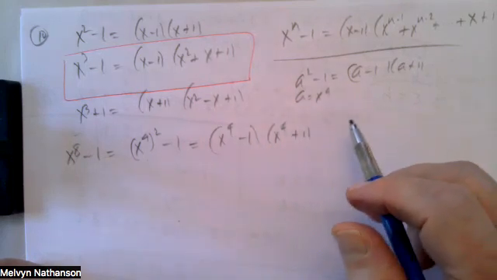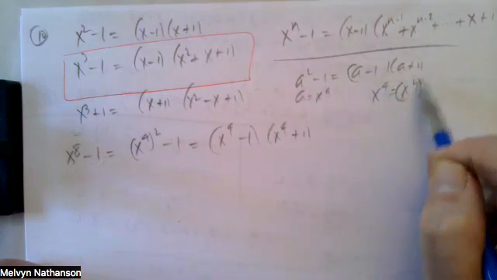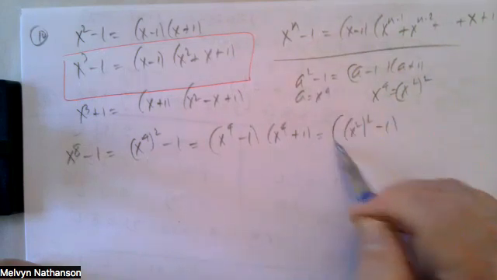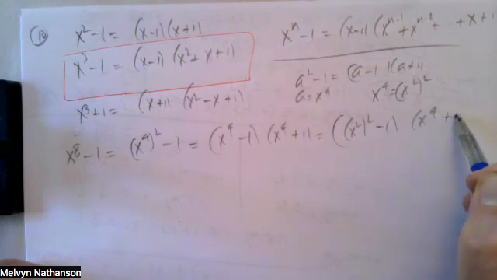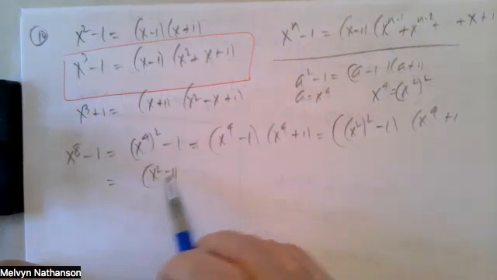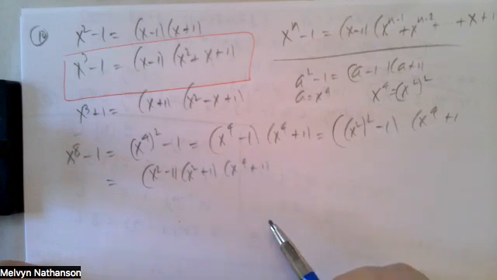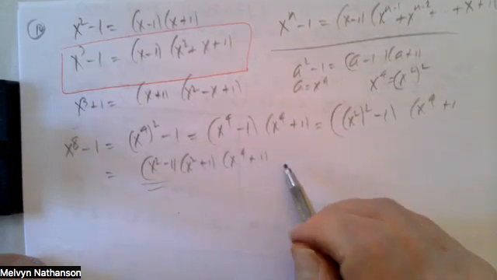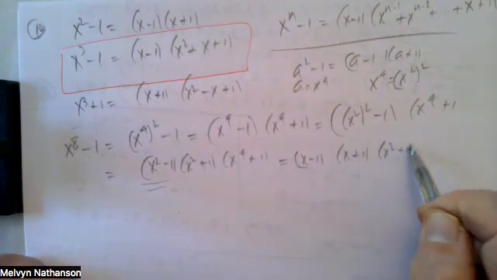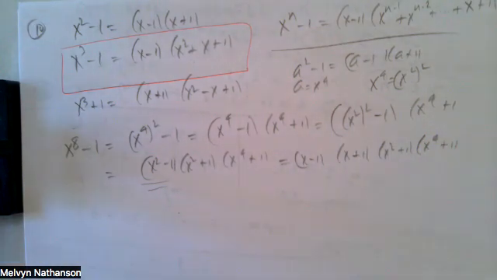And x to the 4th is the same as x squared squared. So this is x squared squared minus 1 times x to the 4th plus 1. So this factors into x squared minus 1, x squared plus 1, x to the 4th plus 1. And you know this factors. This is x minus 1, x plus 1, x squared plus 1, x to the 4th plus 1. And that's as far as you can go.